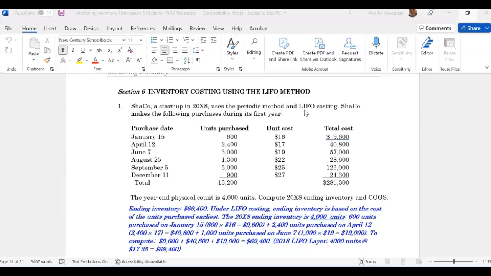So they have to use either FIFO or average. So LIFO is only acceptable under US GAAP. And again, if you use LIFO, most probably it means you are doing periodic method of accounting.